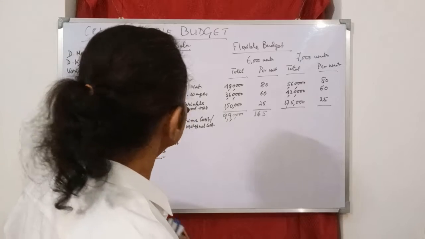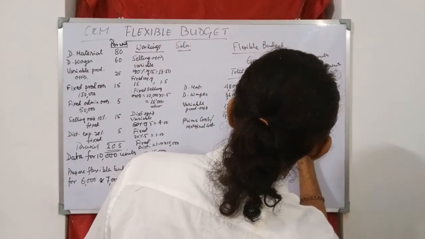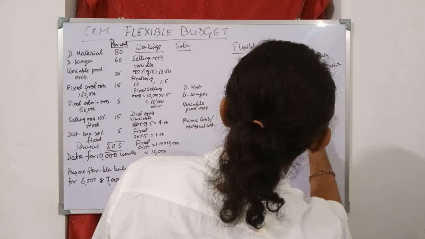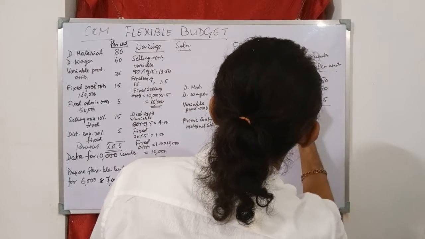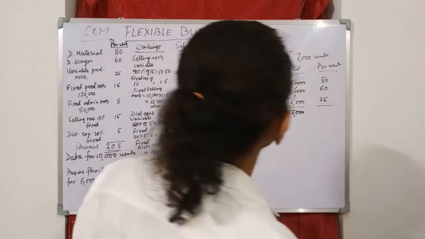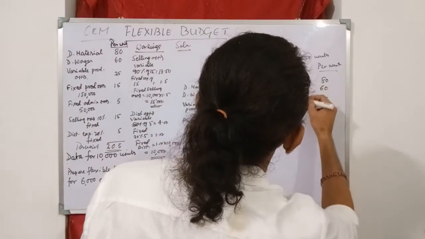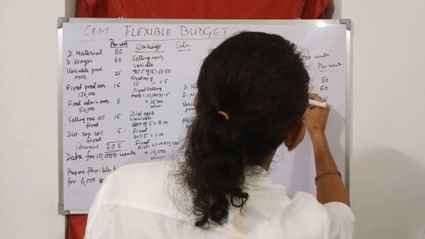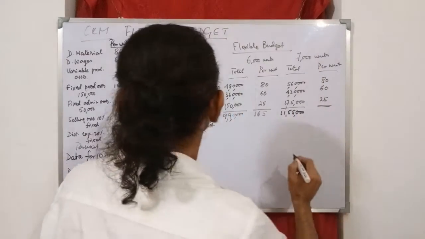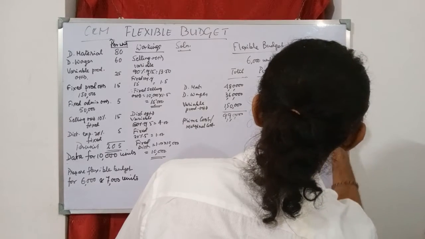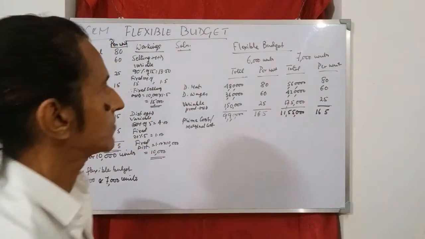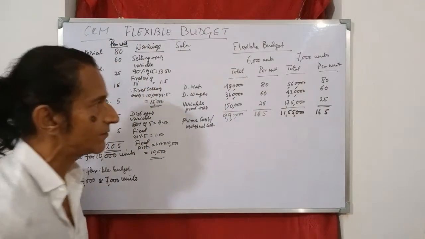And for 7,000, the total prime cost is $1,155,000. So prime cost per unit comes to 165. So it remains the same for both the levels of activities.